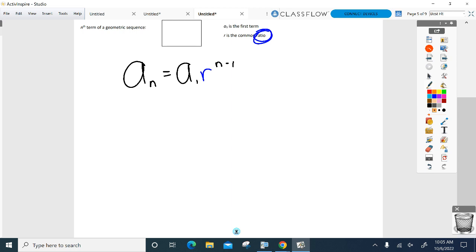Everything means the same exact thing as it did for arithmetic, except now instead of a d value, I have an r value, what I multiply by. Any comments you want to throw at me about this new geometric formula? You got one for arithmetic, and now you have one for geometric, neither of which you have to memorize, because you'll have that sheet.